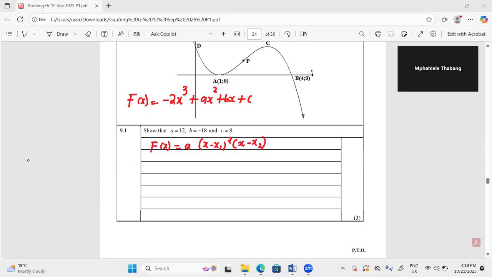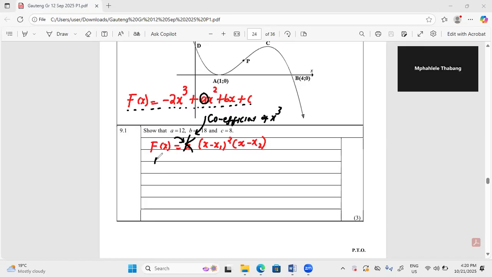But now this a here, I'm going to give it a different name, because on the equation of f of x we already have a here. So let me call this k. This k, don't be confused, is the coefficient of x cubed, the number before x cubed.